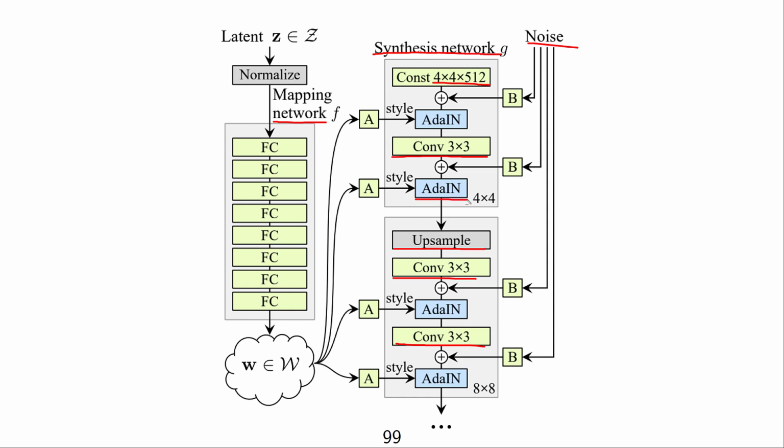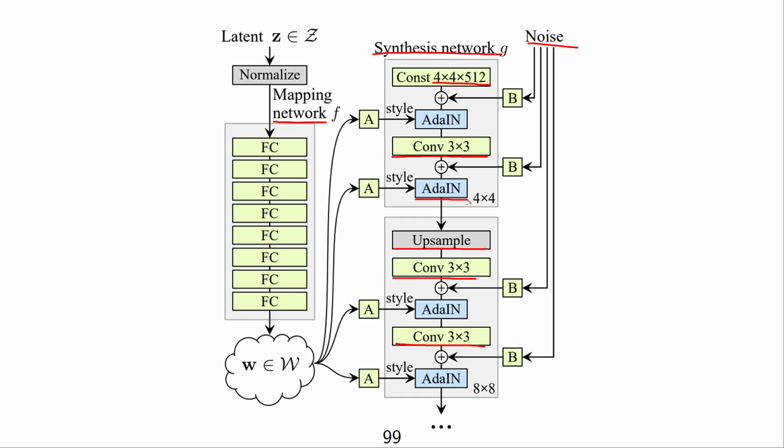Here, this is an adaptive instance normalization. That means that for each channel in a tensor in the network, we will remove the mean and standard deviation, as we already did many times in this course before.